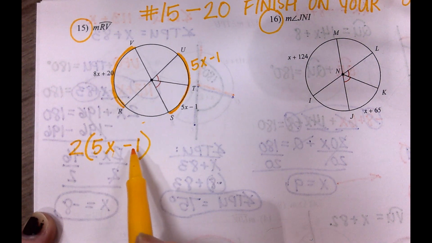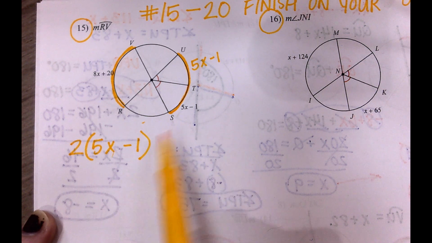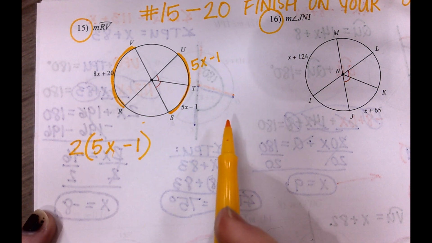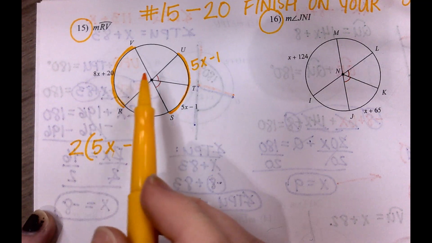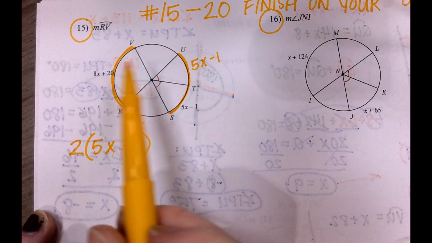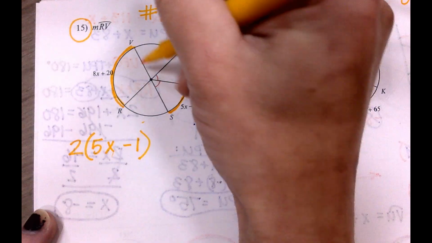And usually we have a couple of options. Am I going to add that to something and set it equal to something else? It's going to be equal to 8x plus 20. So why is 2 times 5x minus 1 equal to 8x plus 20? These are vertical angles.